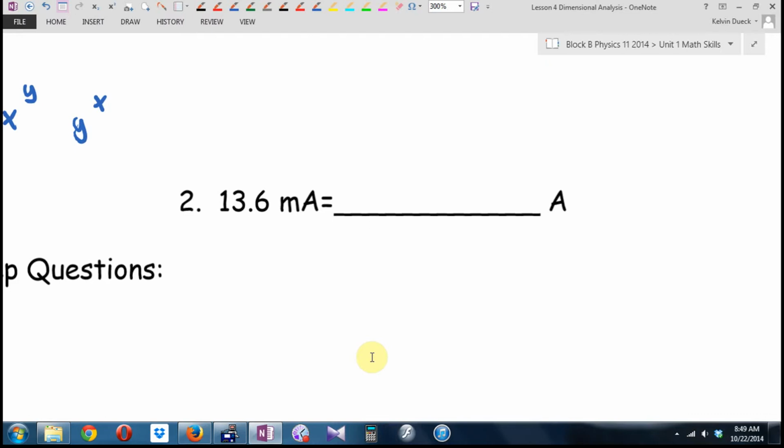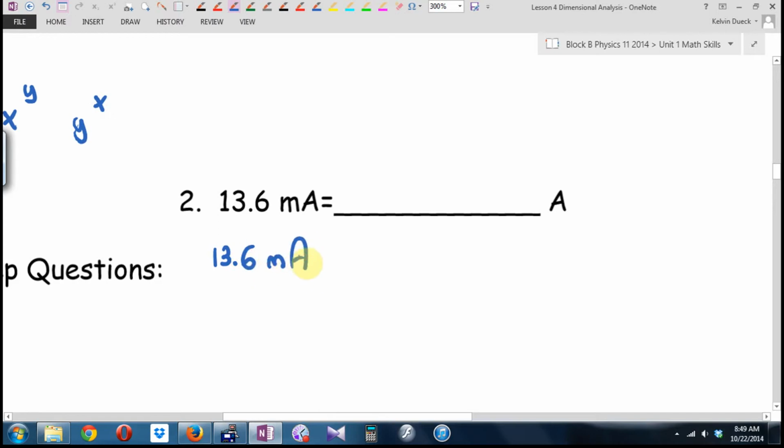Back to physics. You know what I'm going to do first? I'm going to write down what they gave me. This is a one-step conversion. How do I know?